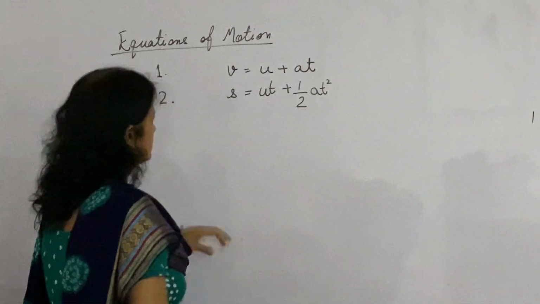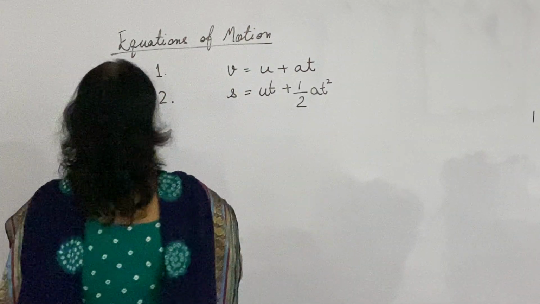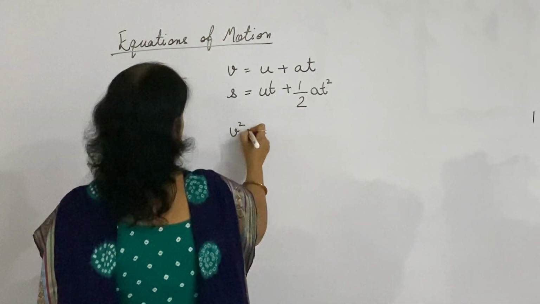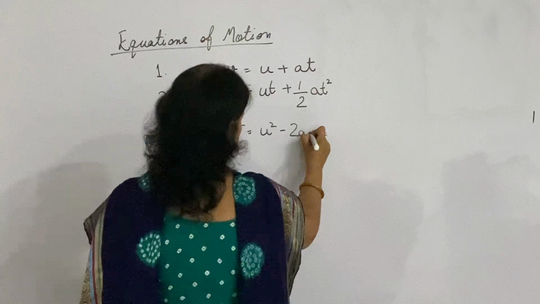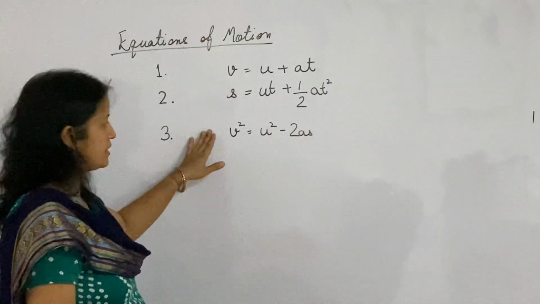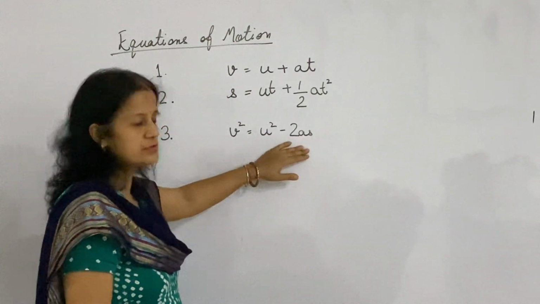In case final velocity is not given, you can use this equation. Third equation is V square = U square + 2AS. In case initial velocity, final velocity, acceleration or displacement is given, you can use this equation.